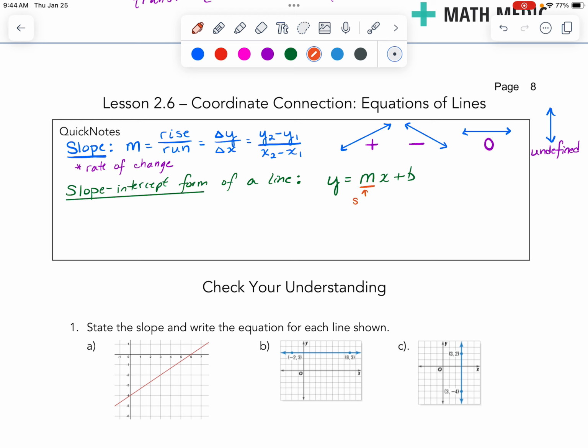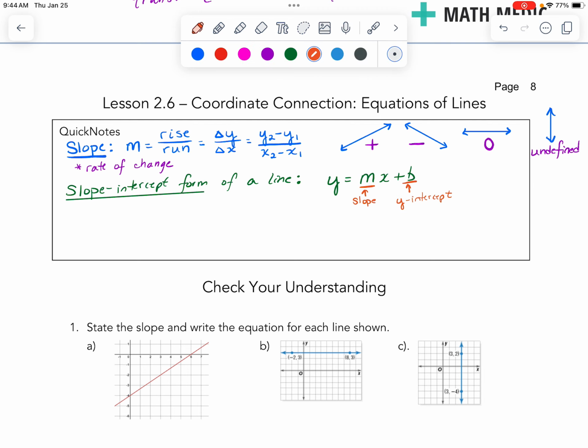M indicates the slope that we already talked about, and b indicates the y-intercept. This is why this is called slope-intercept form. It gives you the slope and the y-intercept. Now, the y and the x represent the coordinate pairs of every point on the line, so they're going to be in every equation. It'll be something like y equals negative 2/3 x plus 7 or whatever.